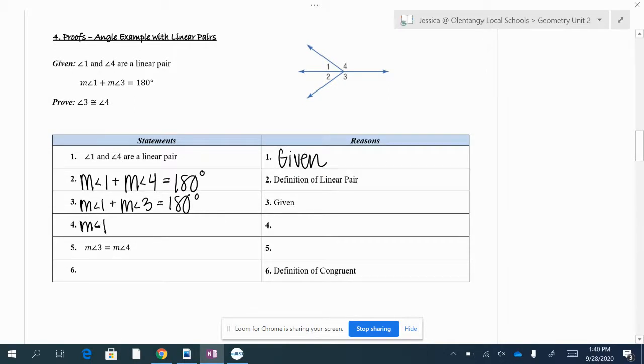Measure of angle 1 plus measure of angle 4 is equal to measure of angle 1 plus measure of angle 3. That was the substitution property.